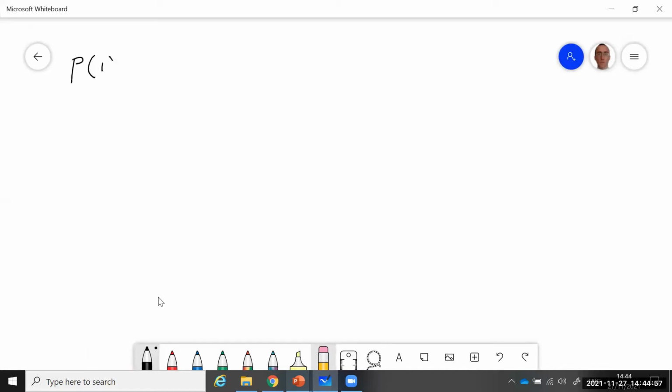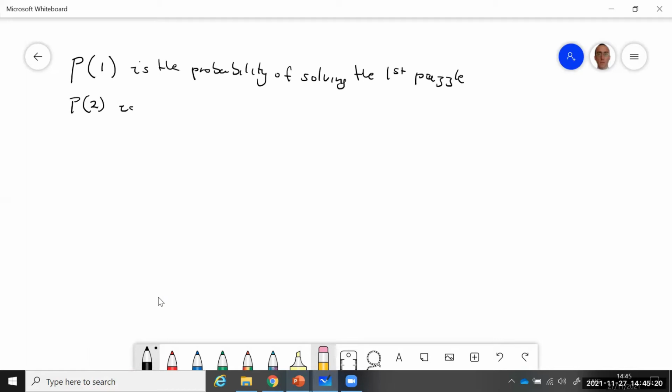So the probability of 1 is the probability of solving the first puzzle. The probability of 2 is the probability of solving the second problem.